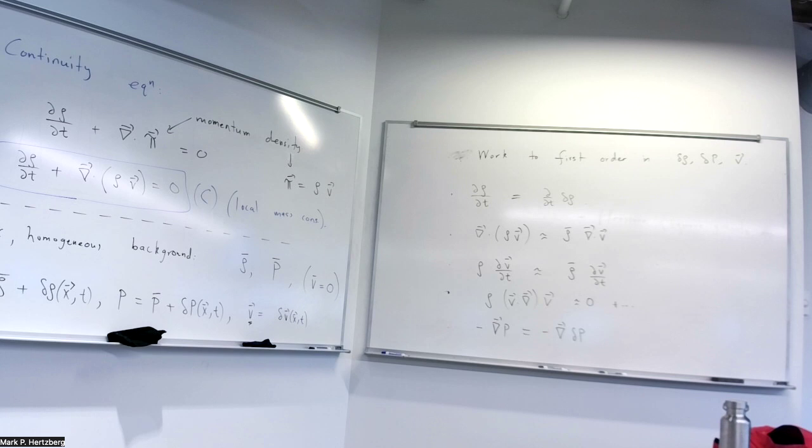We can call this Euler linearized. And this is continuity linearized. At first order, we say we're working to linear order as well.